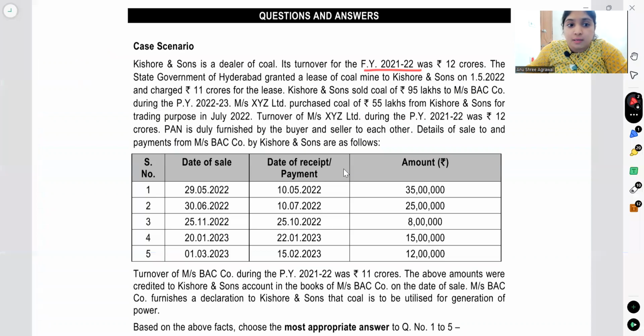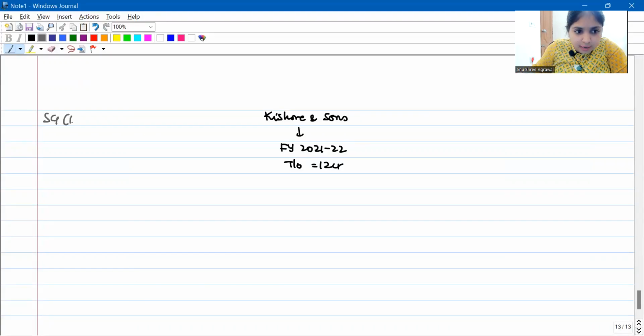Then the state government of Hyderabad granted a lease of coal mine to Kishore and Sons on 1st May 2022 and charged 11 crores for the lease. So we have another person, the state government of Hyderabad. They have given a coal mine to Kishore and Sons on lease.